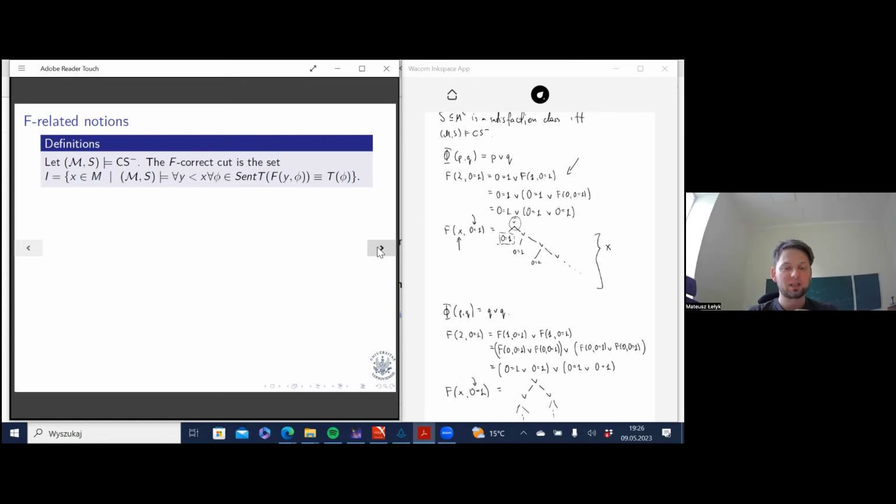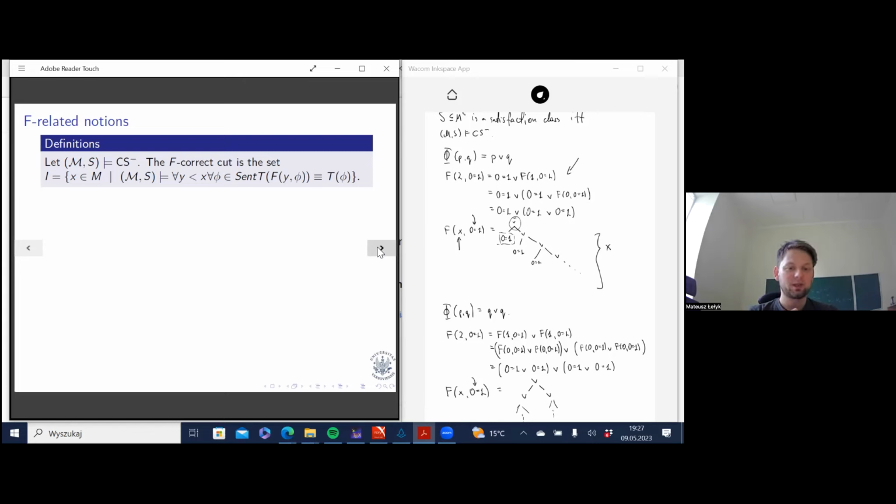The F correct cut in this model is the longest initial segment on which this propositional equivalence is validated by our satisfaction class on every sentence.